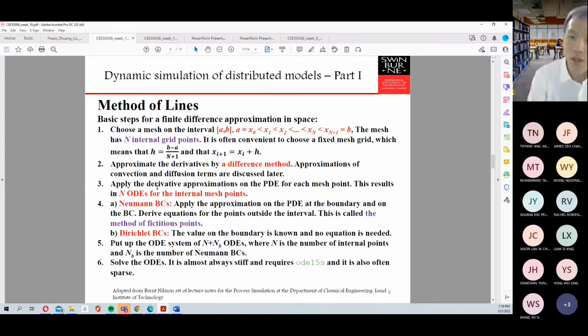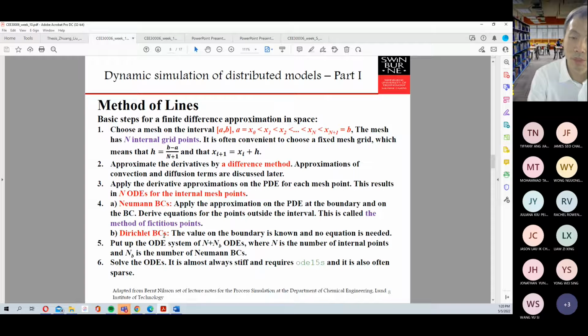After that, you apply the derivative approximations on the PDE for each mesh point. As a result, you will have n ODEs for the internal mesh points. Then, depending on the boundary conditions, you have either Neumann boundary conditions or Dirichlet boundary conditions.